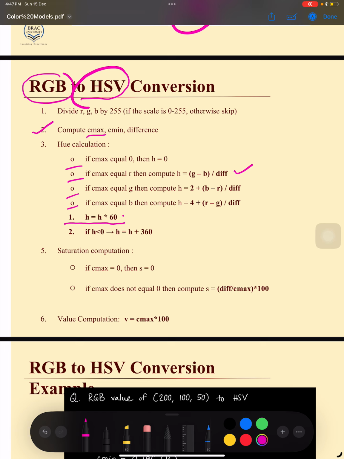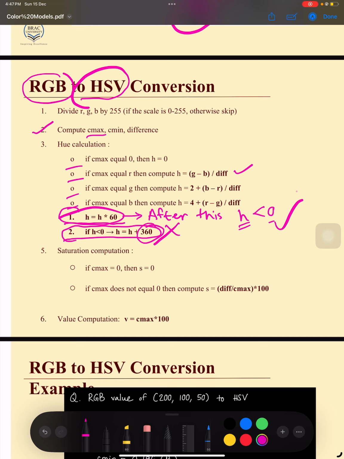And if after this calculation my H value is negative, then I have to complete this step as well, which is to add 360 degrees to my H. If H is not negative, then we do not need this step. So from here, my H parameter will be found.